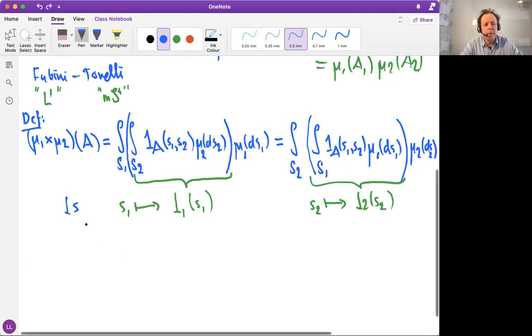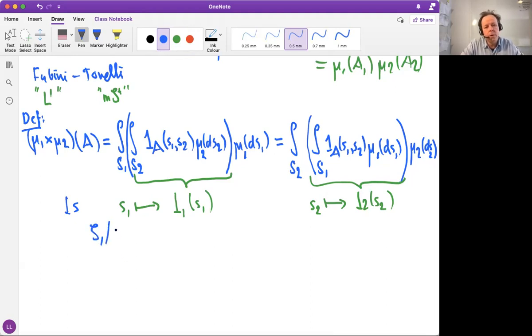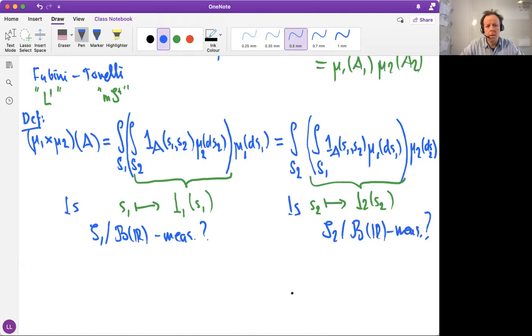Again, it should be S1 to Borel sets, measurable, Borel real line. And we ask, is this one S2 to Borel real line measurable? The answer again is yes and yes. Why? A similar technical thing.